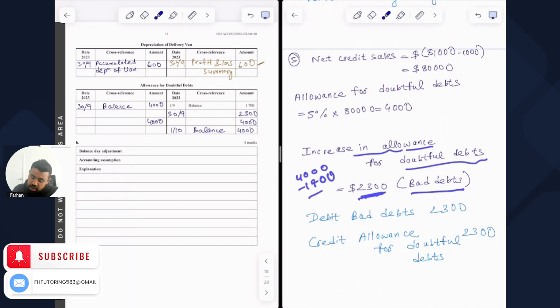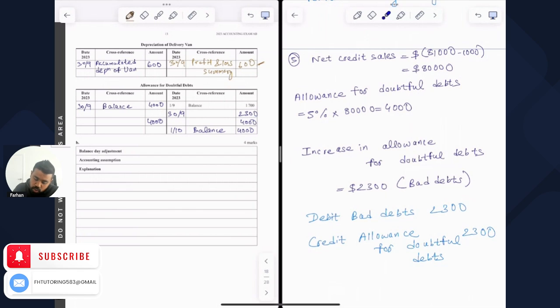So if I was to journalize this, I would debit bad debts by $2,300 and credit allowance for doubtful debts by $2,300. So within the ledger account for allowance for doubtful debts on the credit side, you can see on the 30th of September, I have included $2,300 in excess that we have incurred during the month, and that excess was incurred due to bad debts.